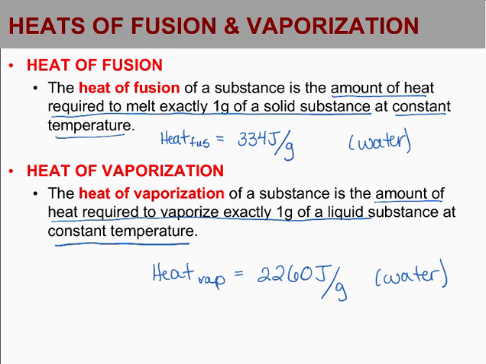So what this tells us is if we have 1 gram of liquid water, we will need 2,260 joules of energy or heat in order to vaporize it at a constant temperature. Getting my values mixed up here. Okay, so this is a lot of energy that we need in order to vaporize that 1 gram of liquid.